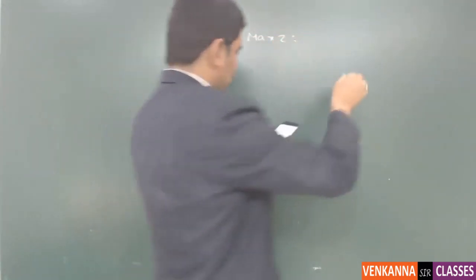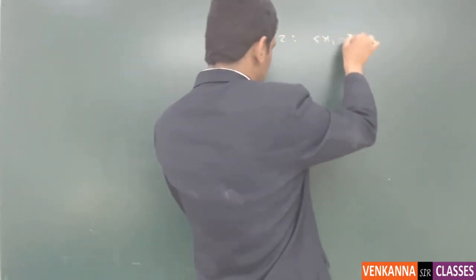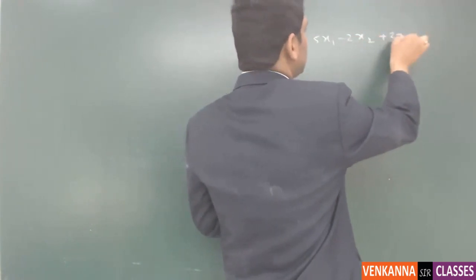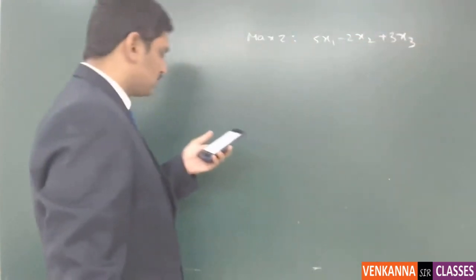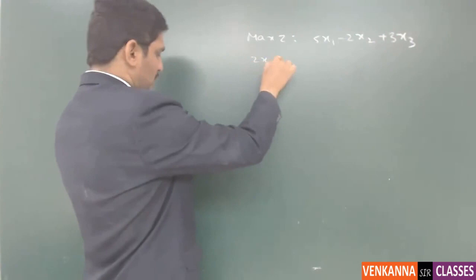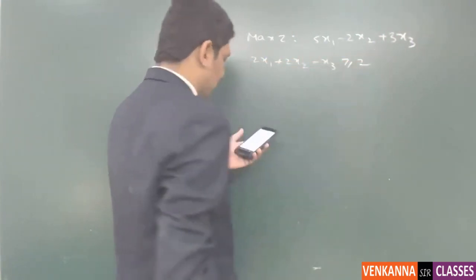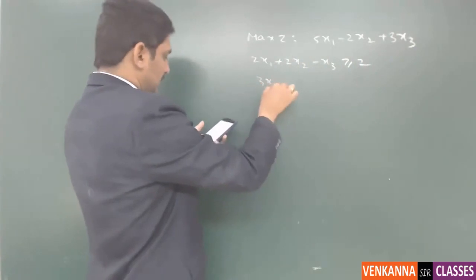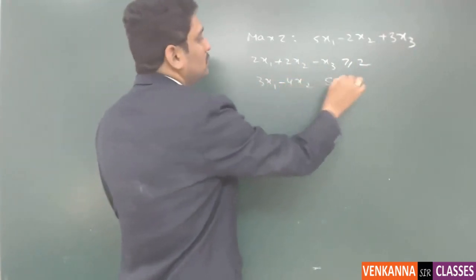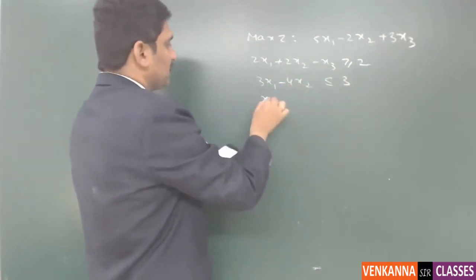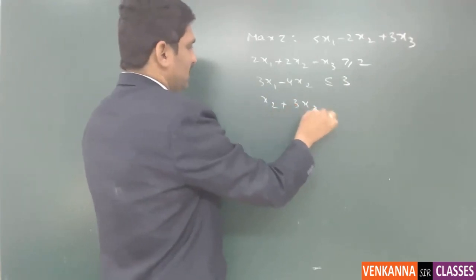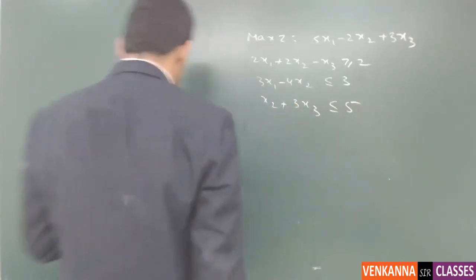max z = 5x1 minus 2x2 plus 3x3 subject to the constraints 2x1 plus 2x2 minus x3 is greater than or equal to 2, 3x1 minus 4x2 is less than or equal to 3, x2 plus 3x3 is less than or equal to 5.